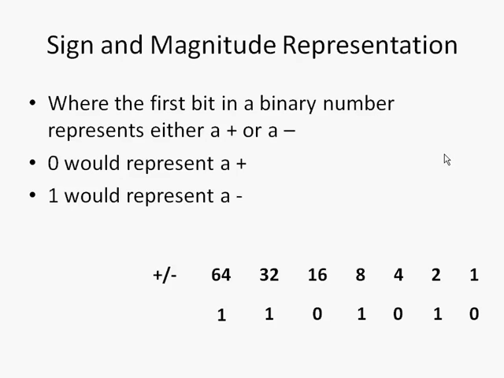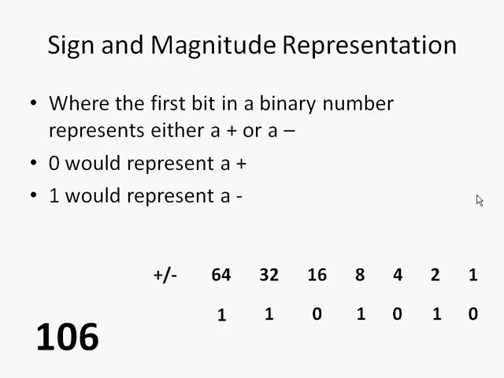Then, if we took a binary number, which is 1101010, this equates to 106 in decimal. Now, because we said that the first bit in a sign and magnitude binary value would represent the plus or the minus, if we put a 1 now at the beginning of this binary number, this means that the value is actually minus 106.